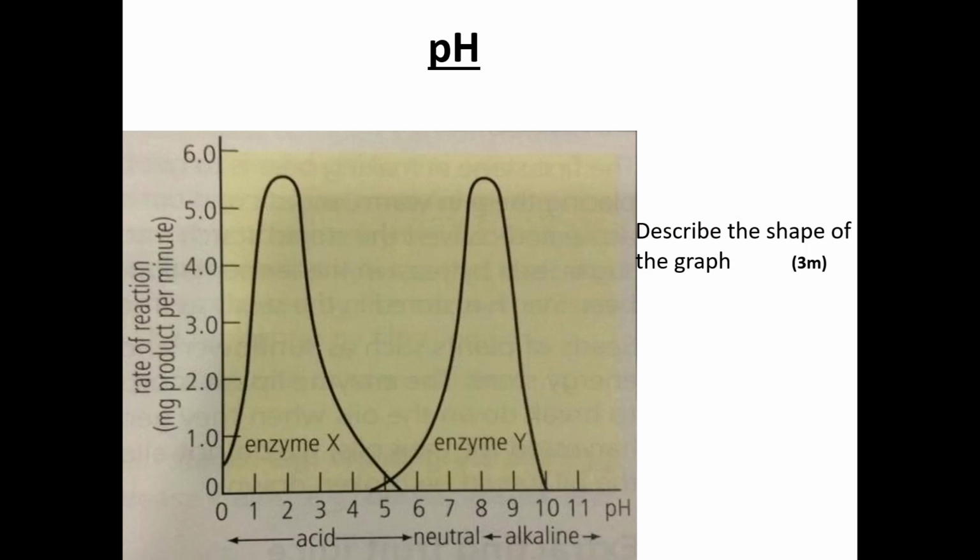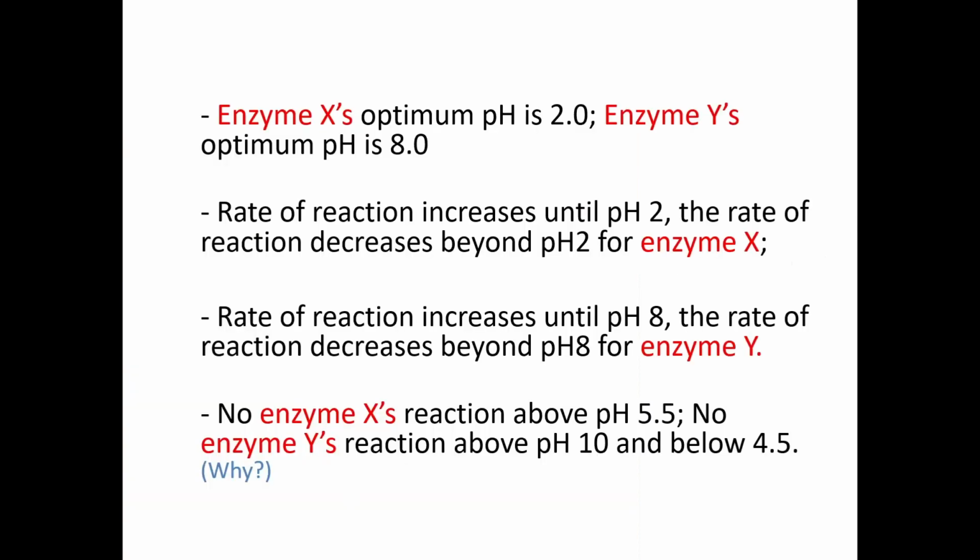Okay, pH here. You can see there are two different enzymes working in different acidic or alkali conditions. They meet at nearly pH 5.3. We can see that enzyme X is suitable for acidic conditions, while enzyme Y is more suited to neutral to alkali conditions. If we want to describe the shape of the graph, we can say that enzyme X optimum pH is 2.0, and enzyme Y optimum pH is 8.0.